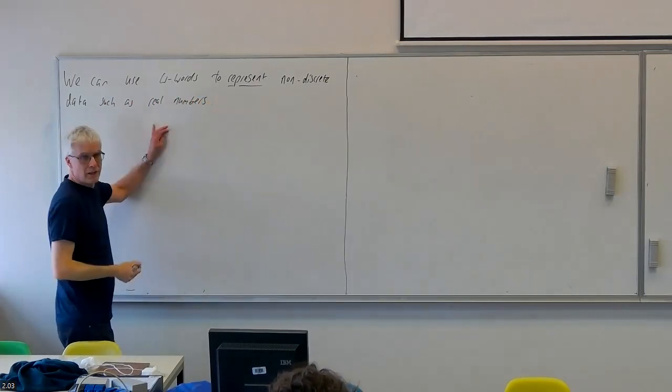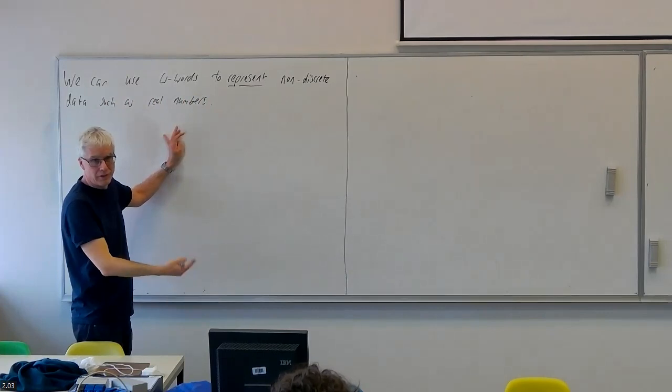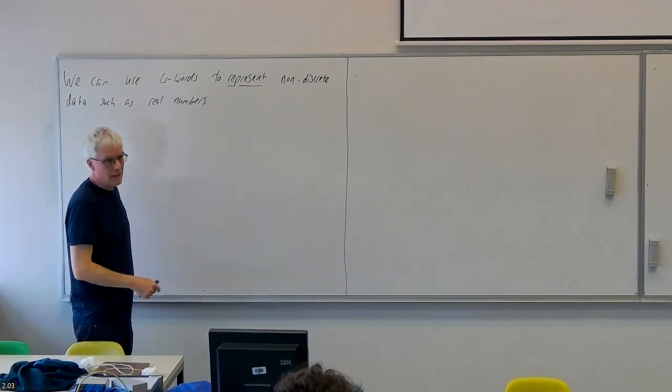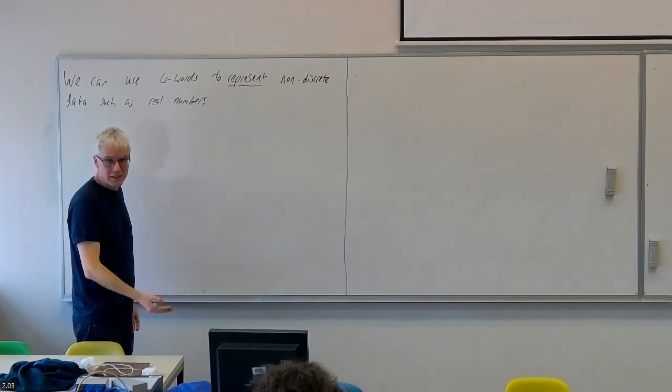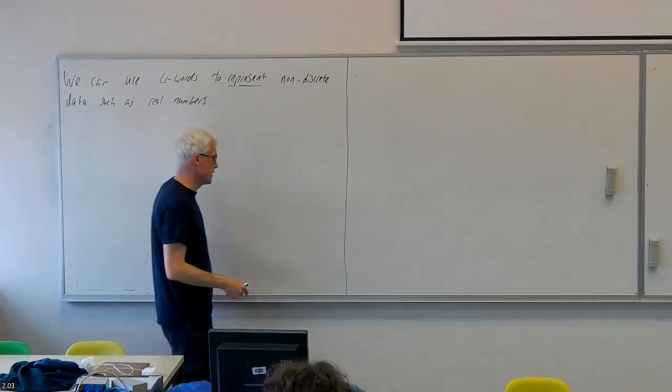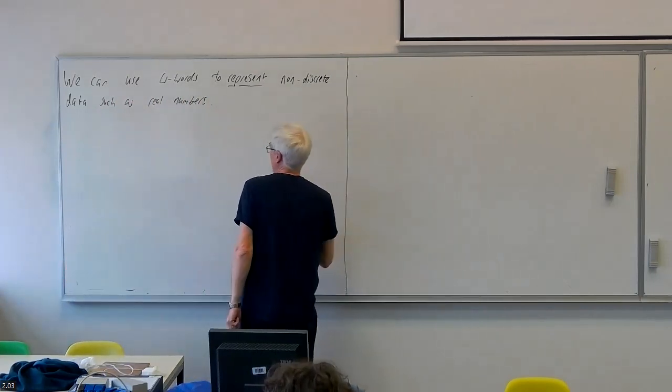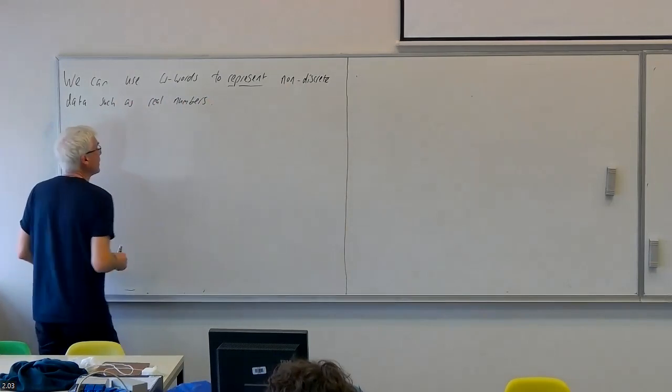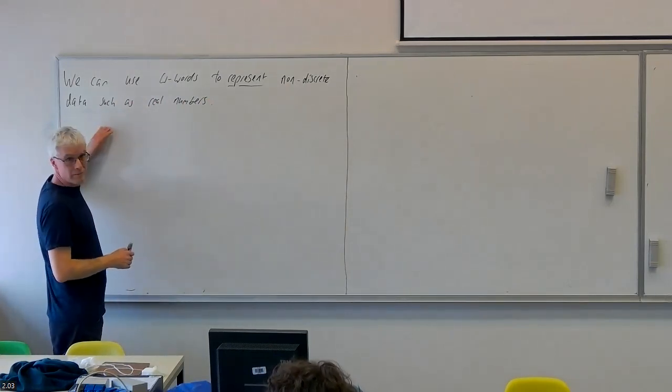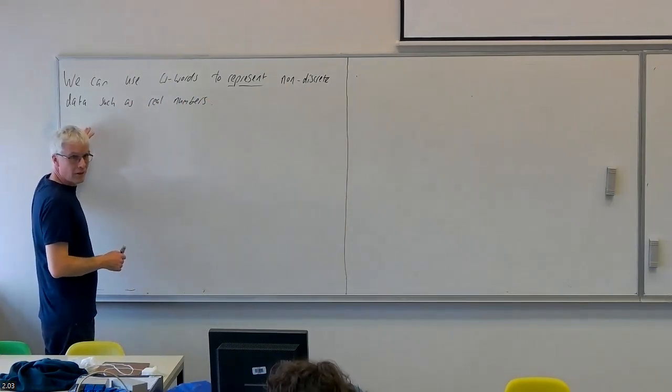And once you can do real numbers, you can obviously do tuples of real numbers, so coordinates in n-dimensional space. You can do complex numbers, because a complex number can be represented as a pair of real numbers, and so on. So, if we can compute with real numbers, we can do a lot of things.